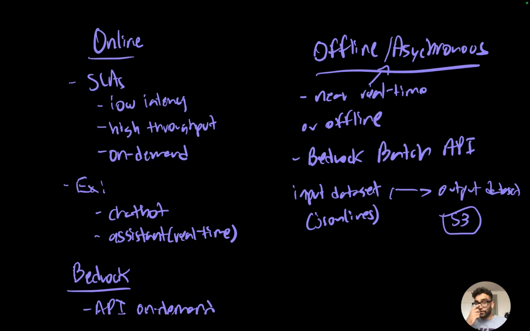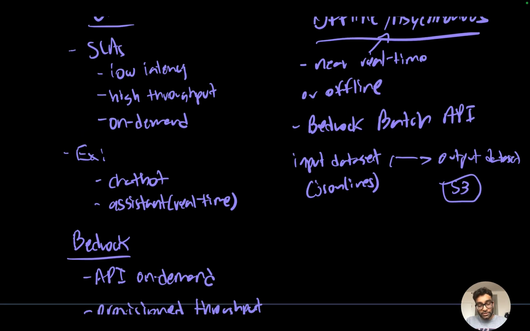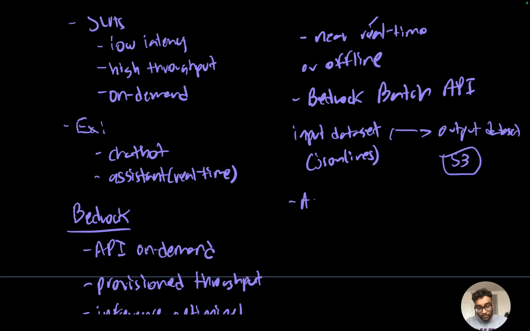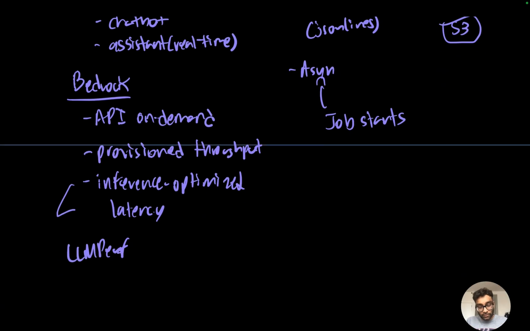So this can be used in a completely offline fashion, but it can also be used in an asynchronous fashion as well, because when this job starts, this is a job that gets executed, unlike the on-demand mode where it's just a singular API call. This is a job that kicks off. You can use this asynchronously because you can start polling the S3 bucket, which contains your output results, to start getting the data points as they happen.